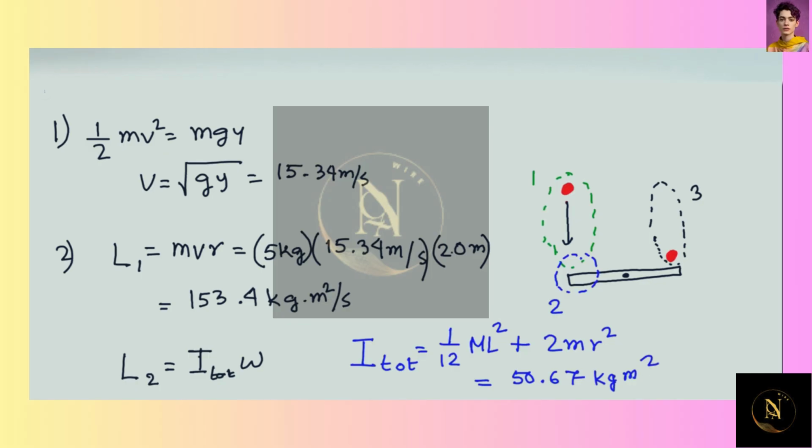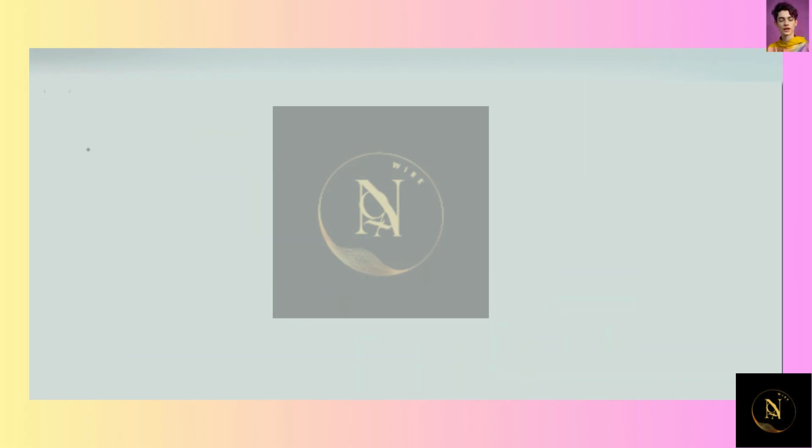And from the conservation of angular momentum, L2 is equal to L1, and we know that L1 is 153.4 kg meter squared per second, and L2 is I total times omega.